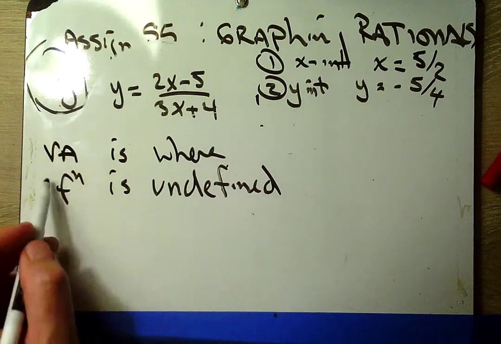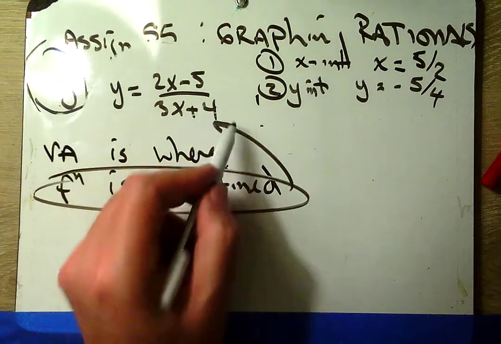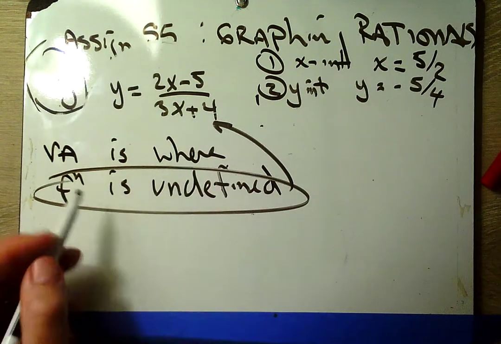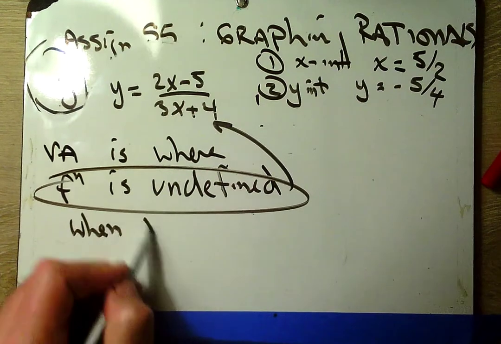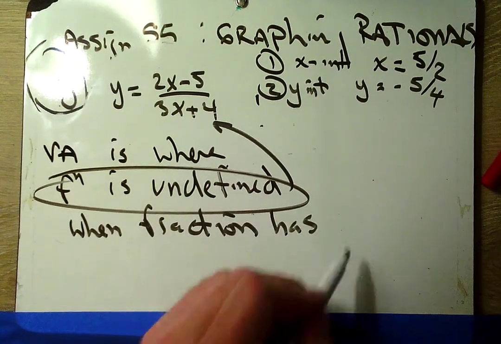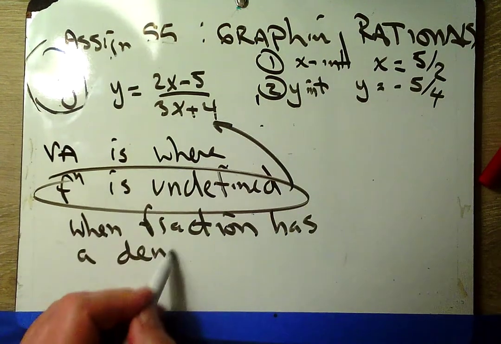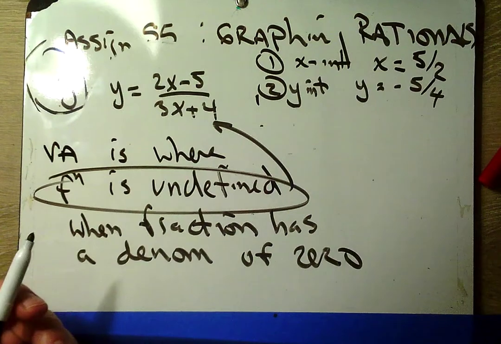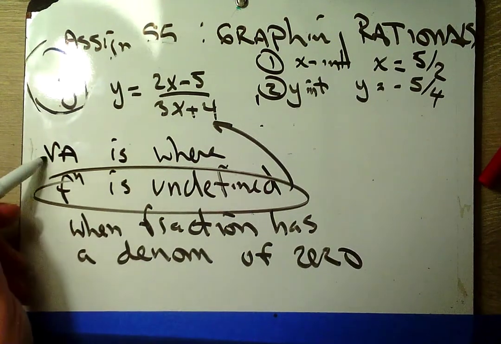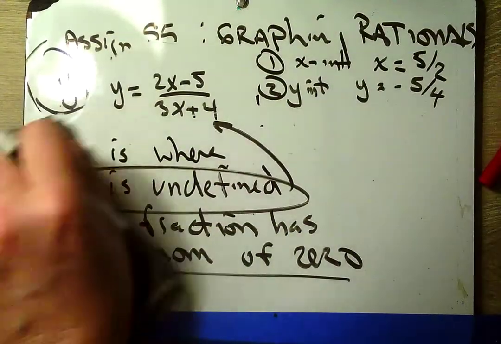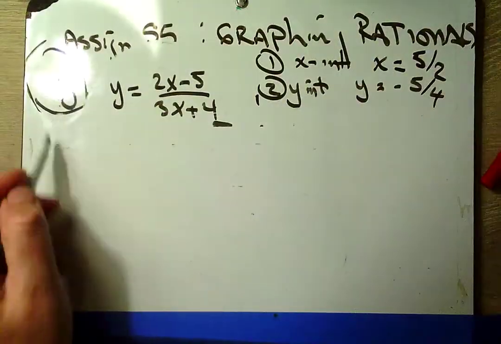But we know a function is undefined when a fraction has a denominator of 0. So if we want to find vertical asymptotes, we want to find when the denominator is equal to 0. So let's write that down.